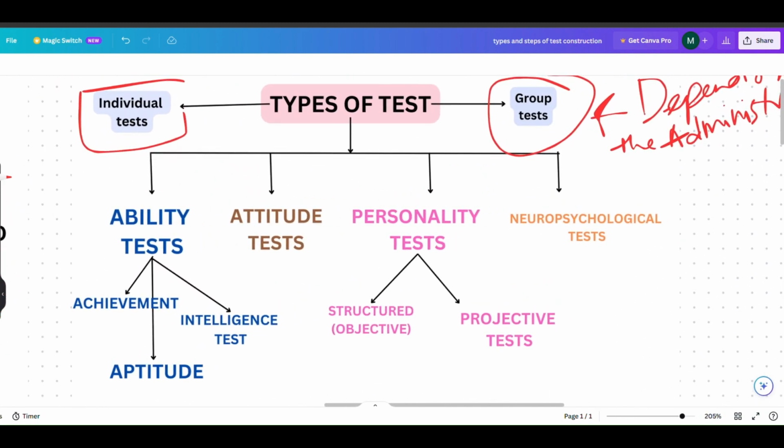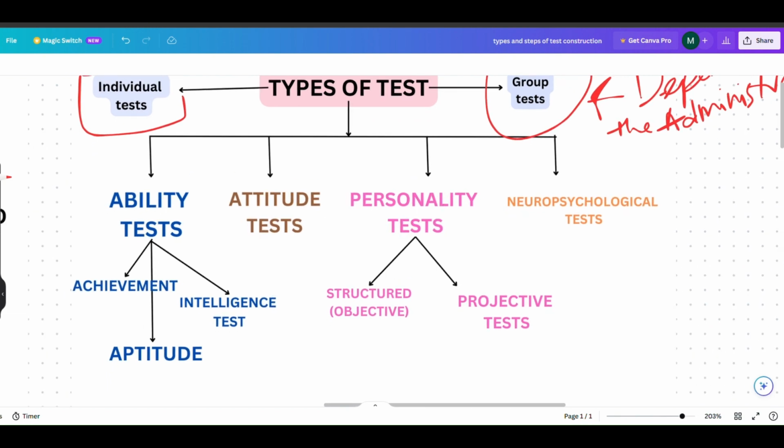So if the administrator has given the test in a group, it's a group test. If the administrator is evaluating the test individually, then it's an individual test. Any type of test can be the group test or individual test, but in some cases it's easier to give it individually, like Wechsler Adult Intelligence Scale that is easier to be given individually.